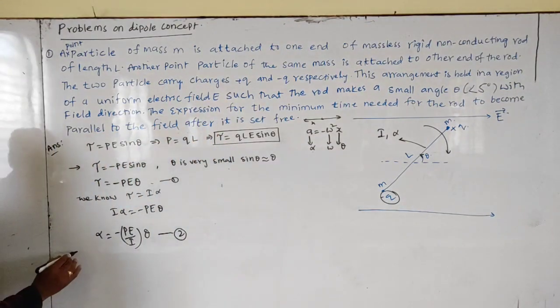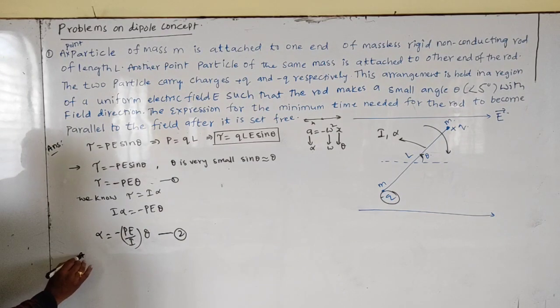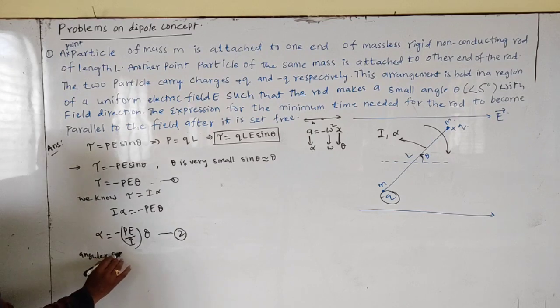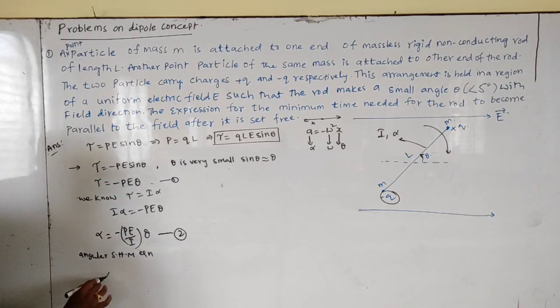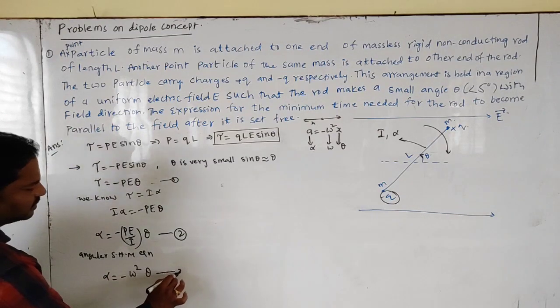So the angular SHM equation is alpha equals minus omega square into theta. Equation number 3.